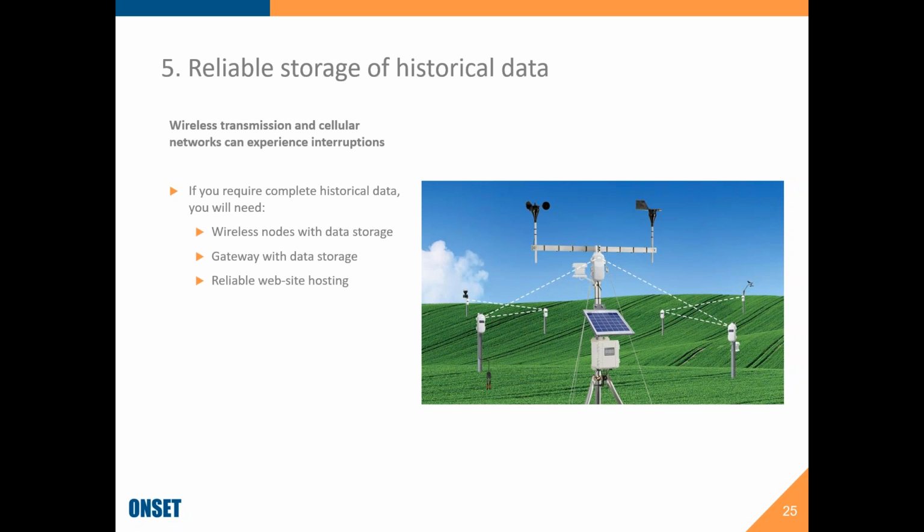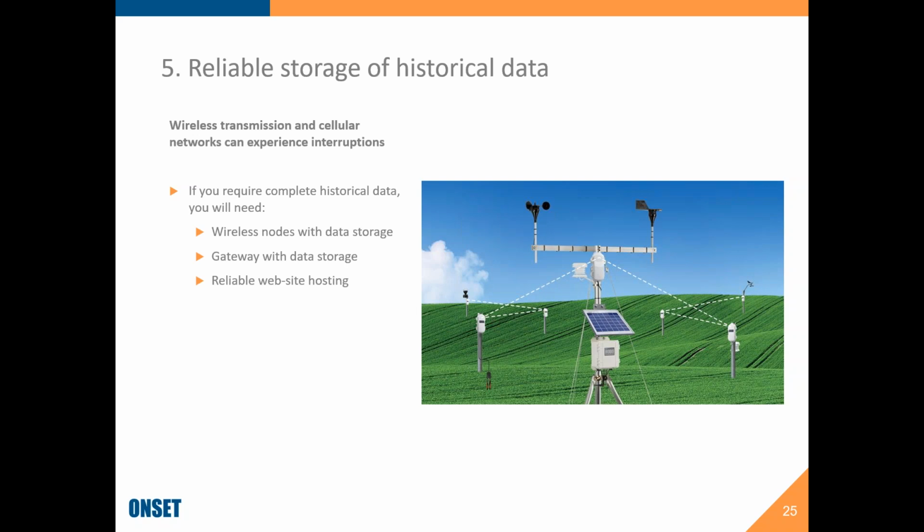If the wireless communications between sensors is interrupted, you need to have wireless nodes that have data storage in them so that they can store the data during that wireless interruption. And then when the communications is restored, the data gets pumped up to the central station where it can be transmitted to the web. So look for wireless nodes that can store the data. The same thing with the gateway station, the central station that transmits to the internet.